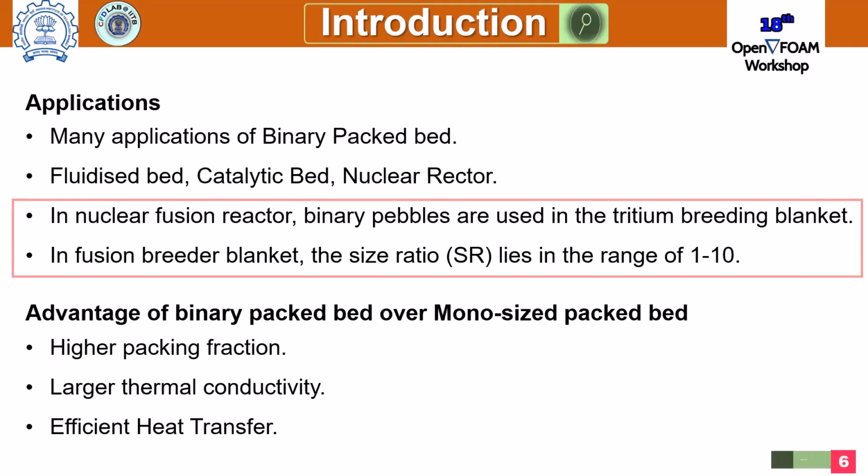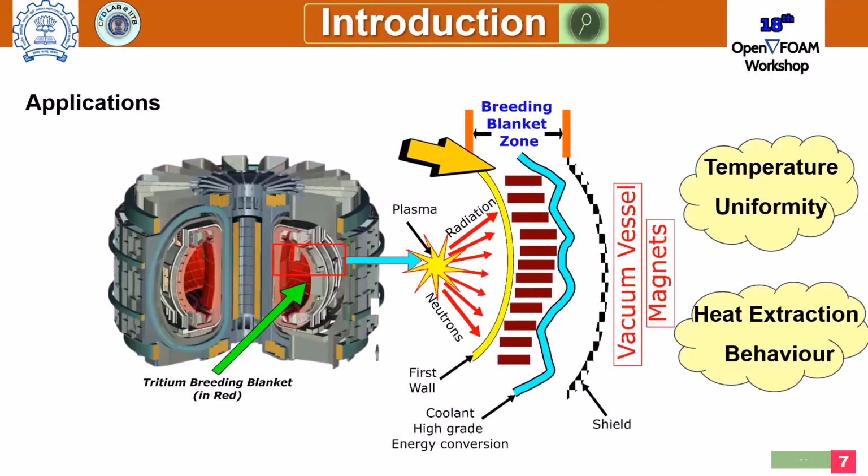India is participating, European countries are also participating, France, China, to stabilize the nuclear fusion reactor. Why is this binary packed bed being used? Because it has many advantages, like a higher packing fraction, larger thermal conductivity, and of course effective heat transfer.